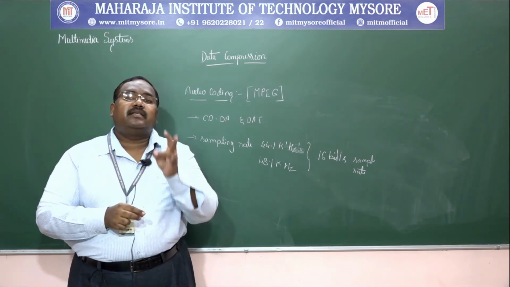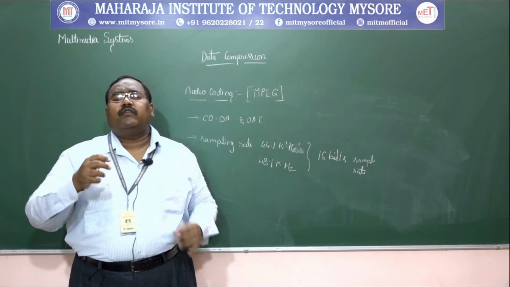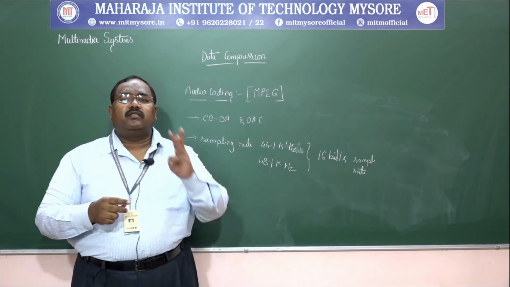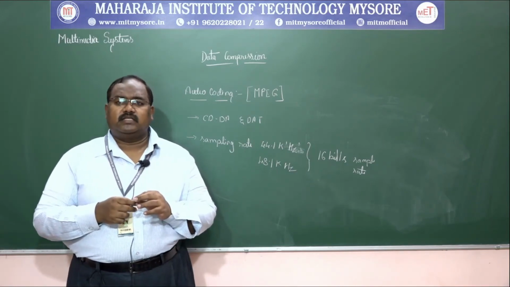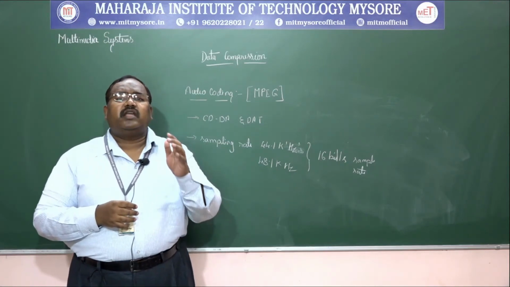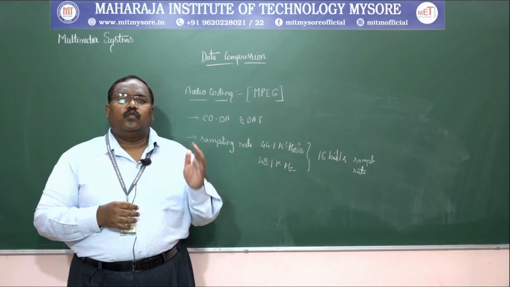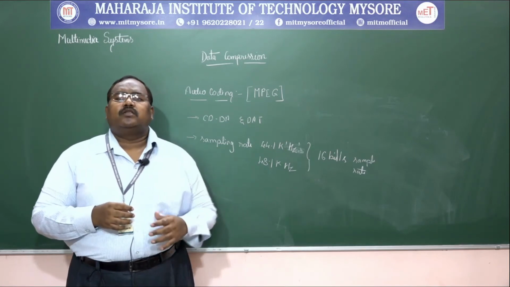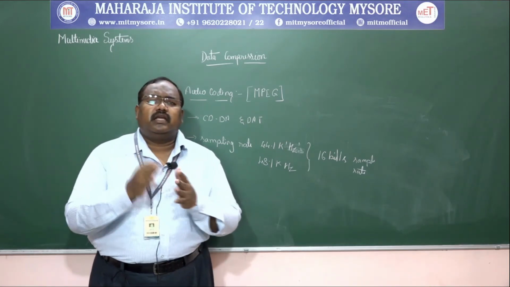So when we have this audio technique, there are three main levels that need to be considered, and sometimes they are also referred to as the 3 layers of audio coding with respect to Mpeg. So how do these 3 layers differ?